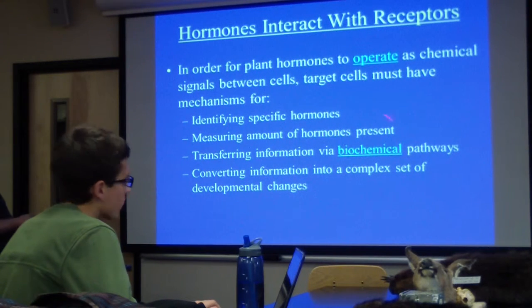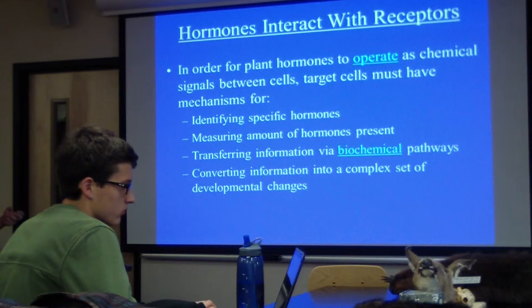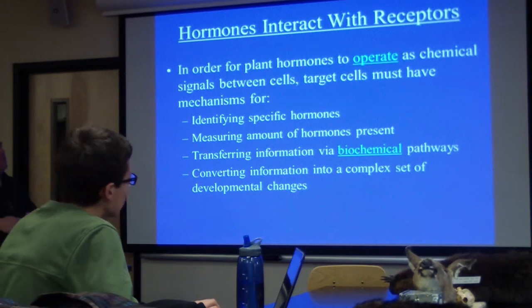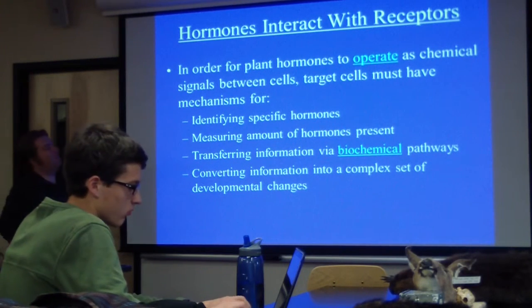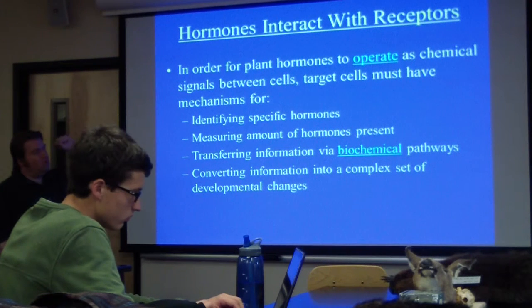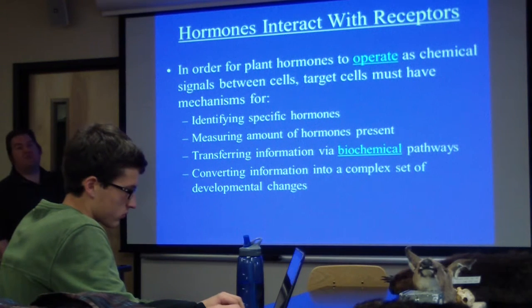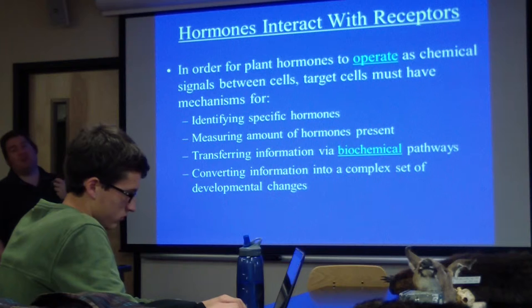Okay, and so just to step back for a second, the reason why plant hormones are able to operate as chemical signals between cells is because they're working hand in hand with these target cells. So like I've said before, the original hormone message is important, but the target cells are just as important.